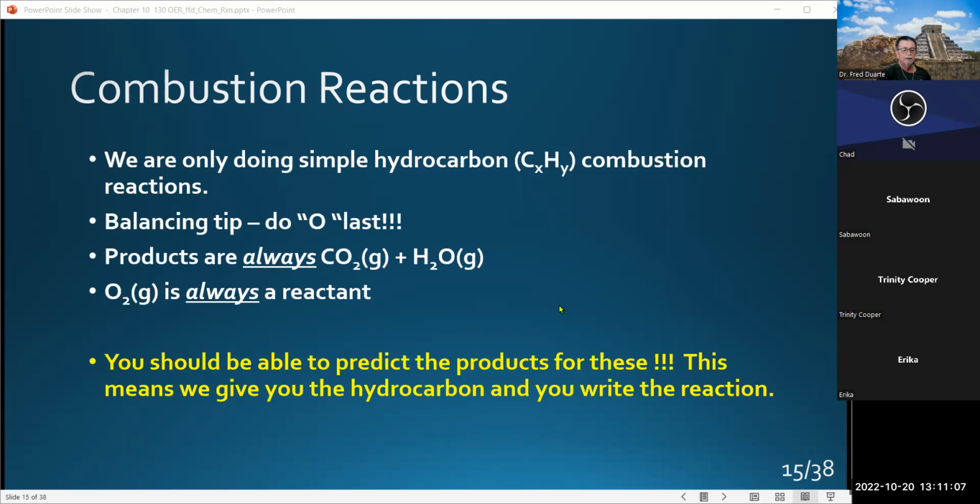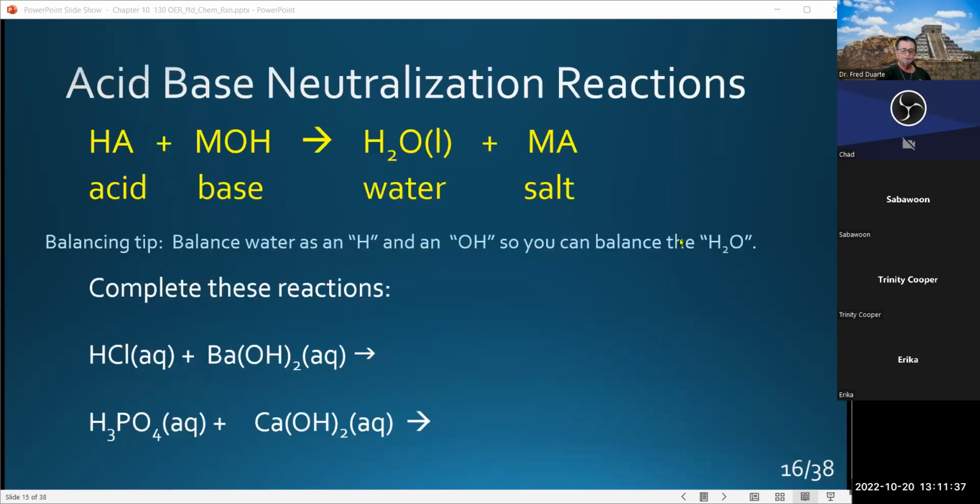Okay. Being the case, knowing what happens with the combustion of hydrocarbons, you should be able to predict and state what the products are. And from that information, what the reactants needed, you can write a chemical reaction for that. Then given the process of balancing, you should be able to balance that chemical reaction for combustion reactions, okay?